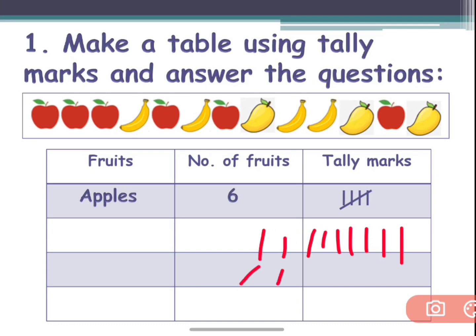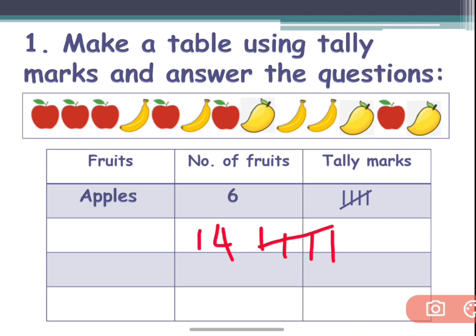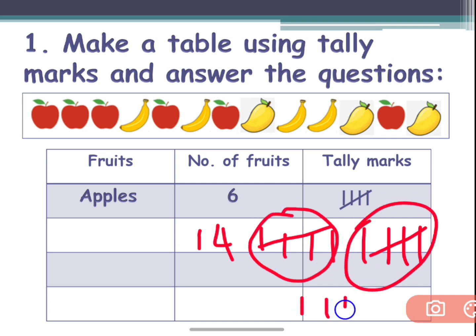Again you need to count: 1 2 3 4 5 6 7 8. So to avoid this, what we do is we draw 4 lines and strike out with the fifth line. For example, think that here 14 are there. By looking at the slanting line, it tells us that it is 5, not 4. Okay, now see.